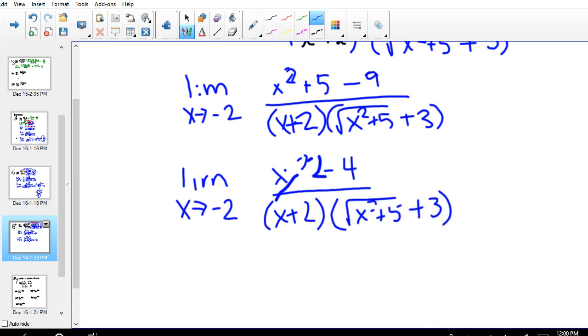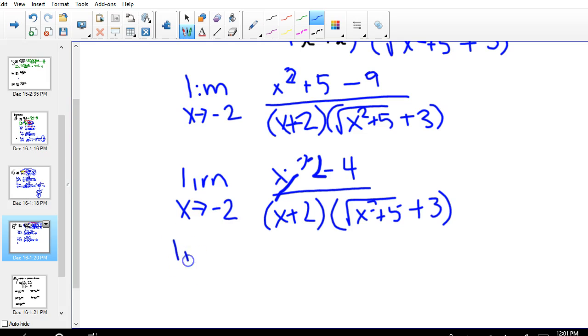So whenever you look at this, does anything cancel? It does not. Which is disappointing because if nothing cancels, you're still going to get 0 over 0. But I know you can't read that numerator because it looks so bad, but that's x squared minus 4. Is there anything we could do to x squared minus 4 that would make something cancel? x plus 2 times x minus 2. We can factor that numerator.